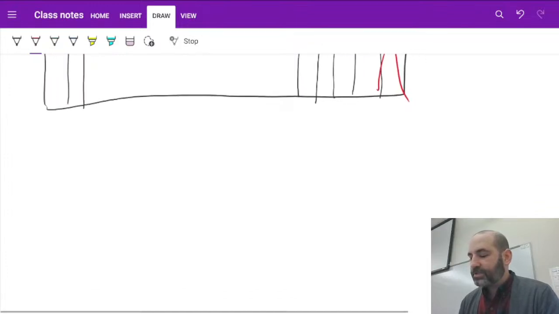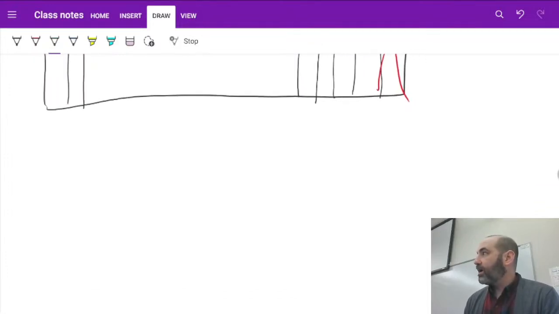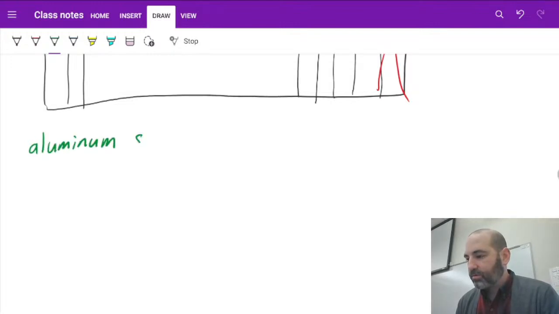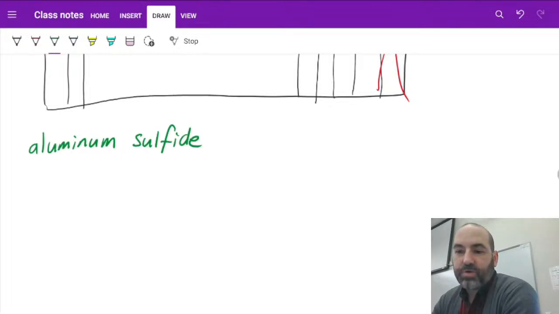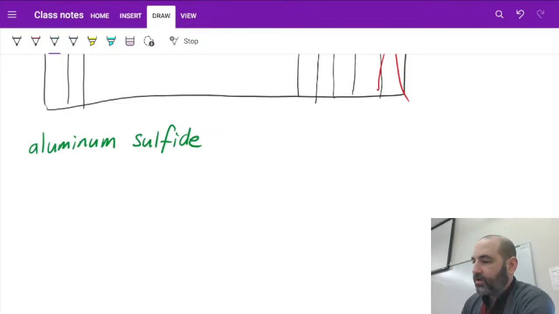So that means that if we see a name like aluminum sulfide, we should be able to figure out the formula. So first we look up the symbols.